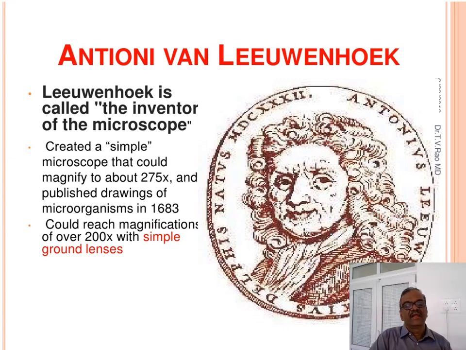So in 1683, he published that paper, and he said that with a simple microscope it is possible to see objects at a magnification of 200x. This is the claim of Antony van Leeuwenhoek, so he is the inventor of the microscope.